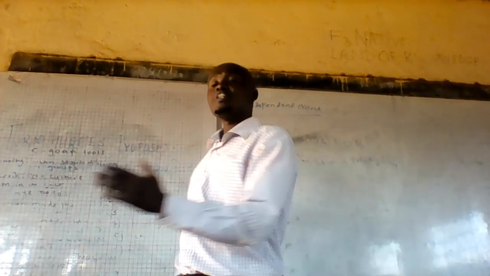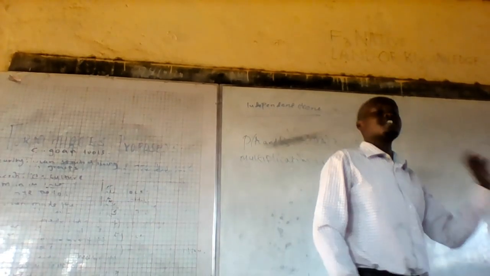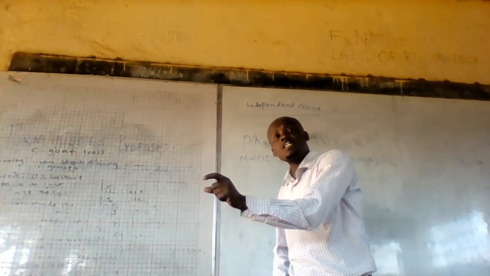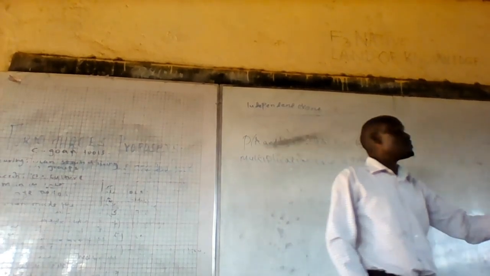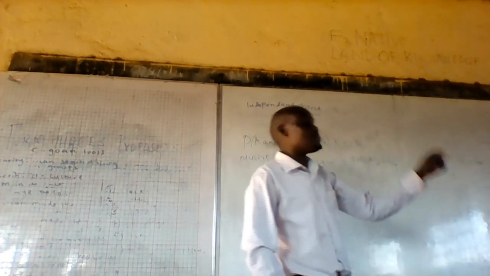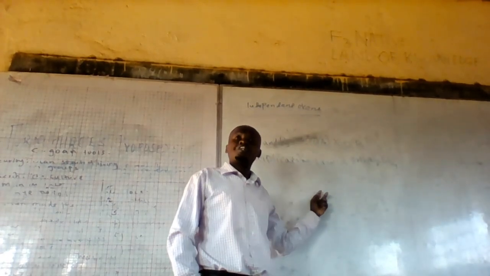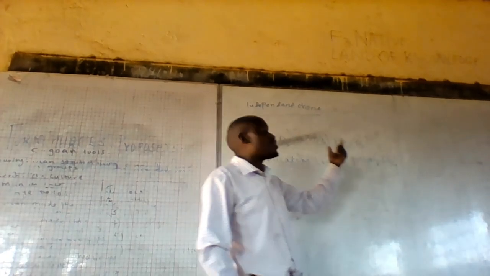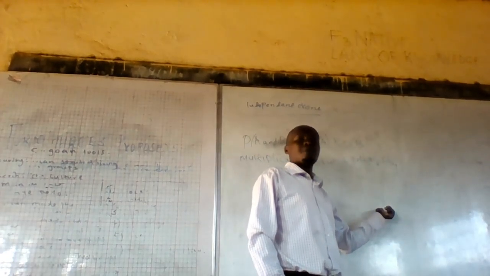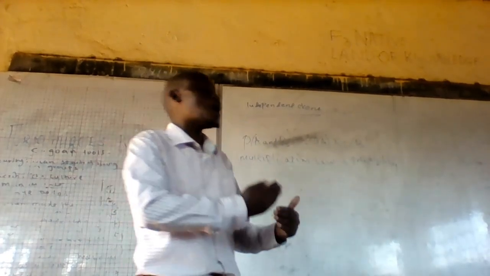So we can say passing in English is event A, passing in mathematics is event B. The probability of passing in English and in mathematics can be found by taking the probability of passing in English and multiplying by the probability of passing in mathematics. They are independent events. The occurrence of one does not stop the occurrence of the other.